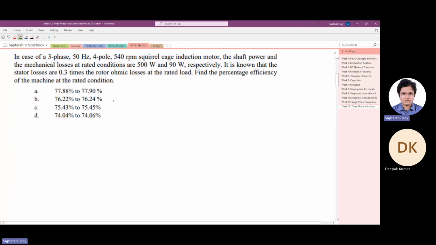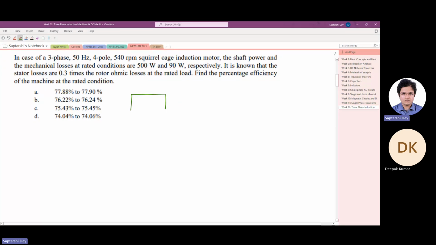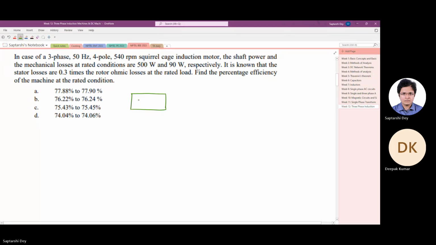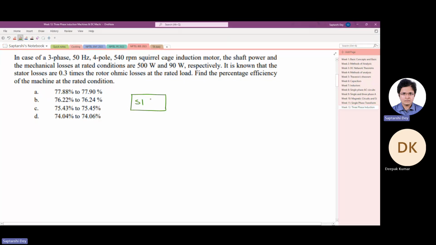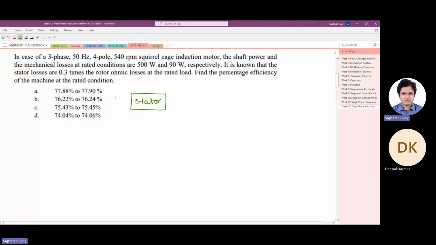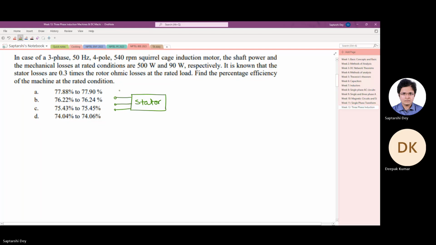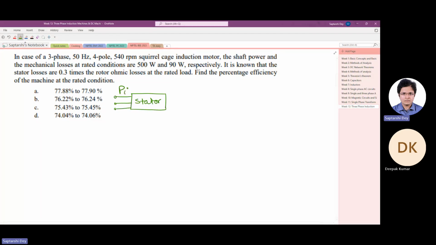Now we'll quickly look into the power flow diagram of an induction motor. So this is the stator, and it receives power from the grid. So this is the input power. Now the stator has some loss.